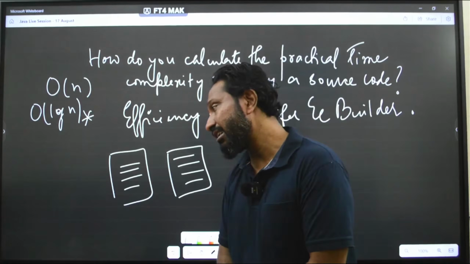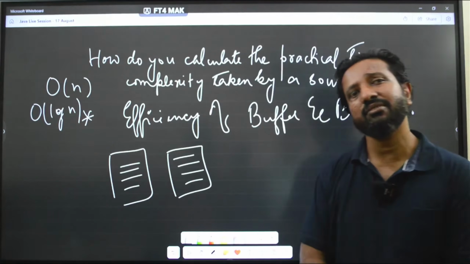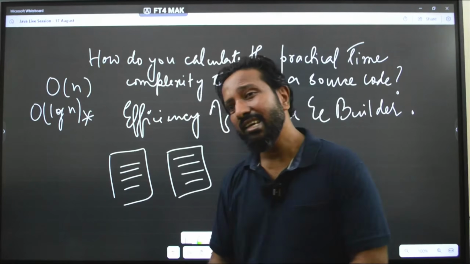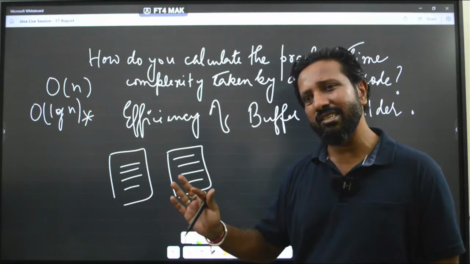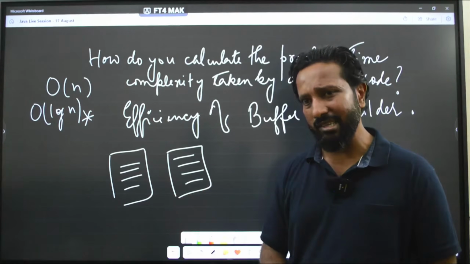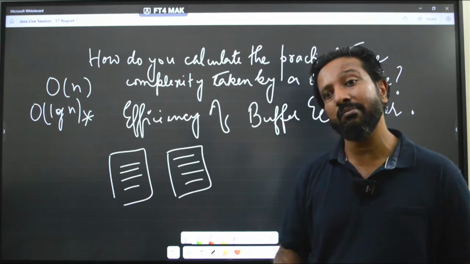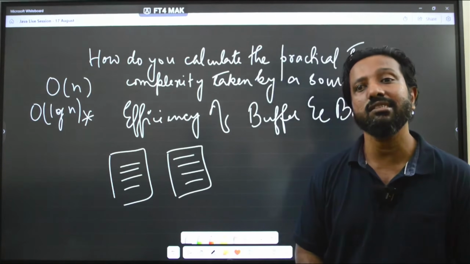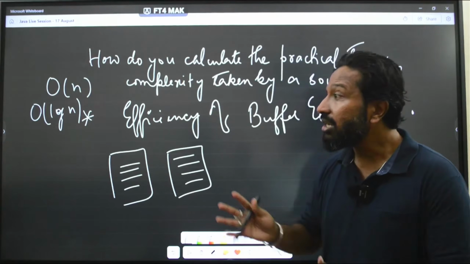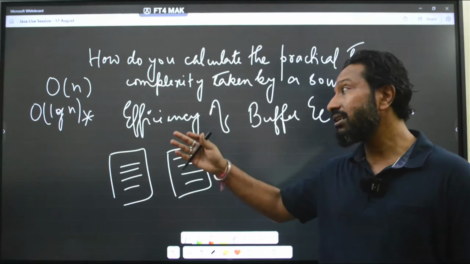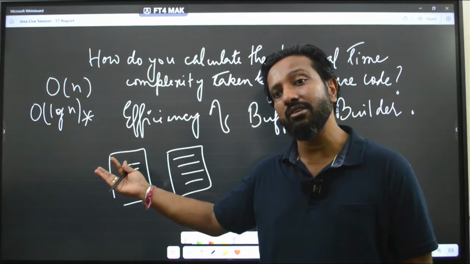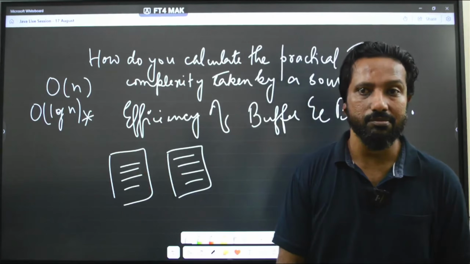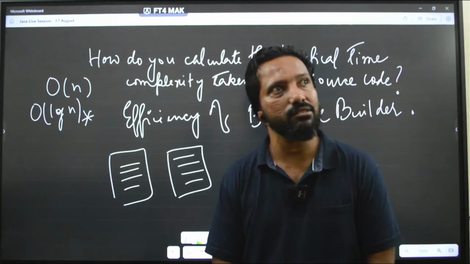I am waiting for the answer. That's a very important question, and you will not get this kind of questions in 3.5 or 5 LPA packages. This kind of questions will be minimum 8 LPA packages, I am telling you. Which class in Java helps you to read the current time of your system or computer in milliseconds? Who can tell me the answer?